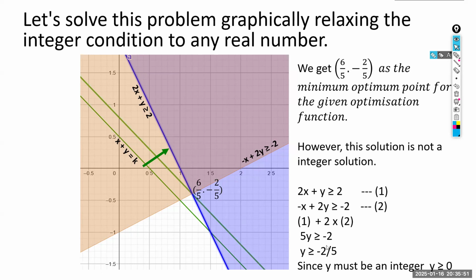That means y must be greater than or equal to minus 2 by 5. That is the additional constraint now we have obtained by combining these two inequalities. We eliminate one variable. So now we have another constraint. It says y must be greater than or equal to minus 2 divided by 5, or minus 4 divided by 10, or minus 0.4.